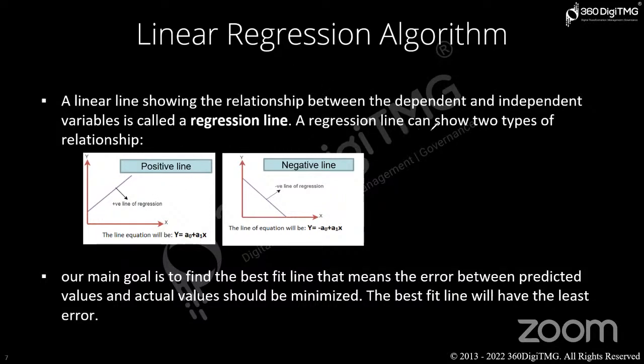A regression line can show two types of relationship. One is a positive linear relationship. Another one is a negative linear relationship.